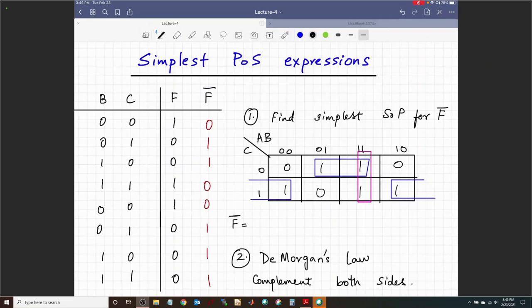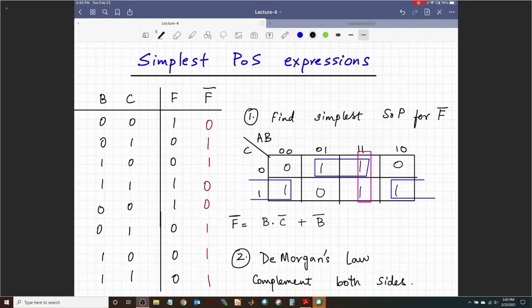Let's see. The blue group would give me what? Let's see. B is a 1. A is changing. C is a 0. So that's my first term. For the wraparound case, I have, let's see, B is a 0, right?